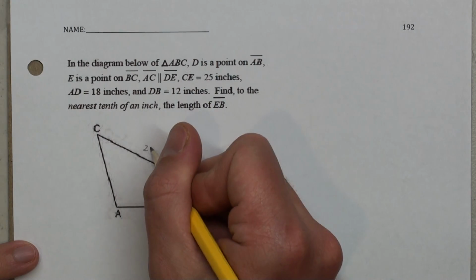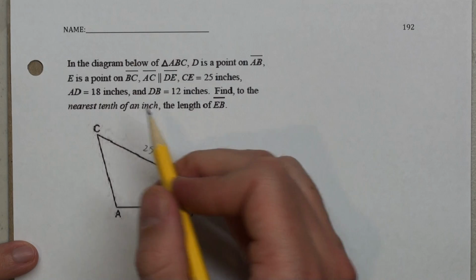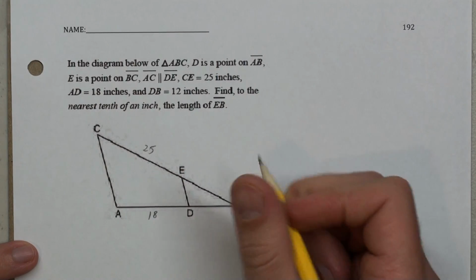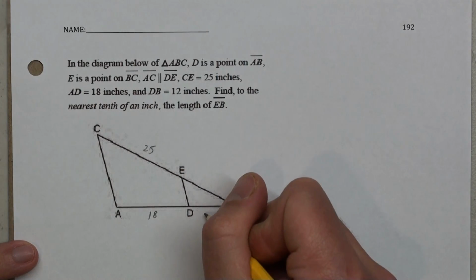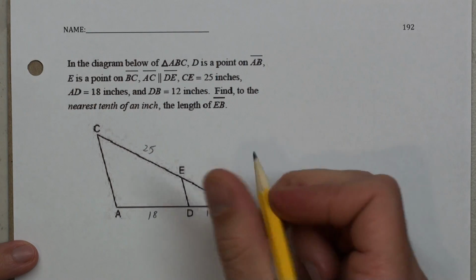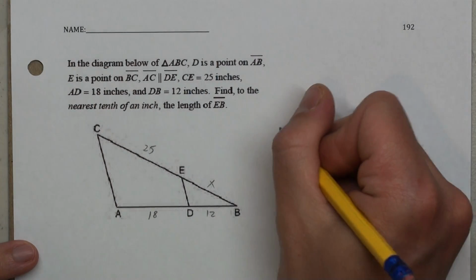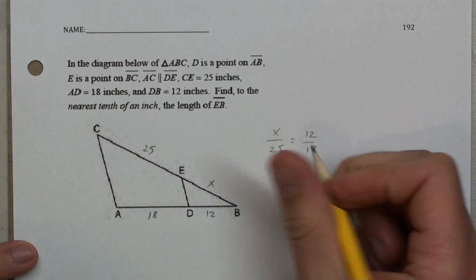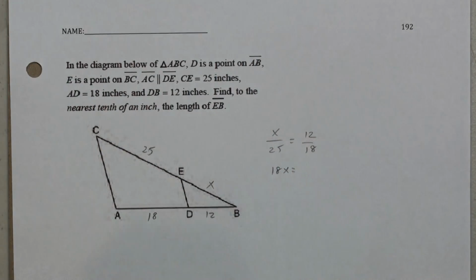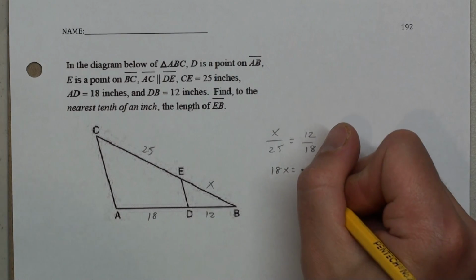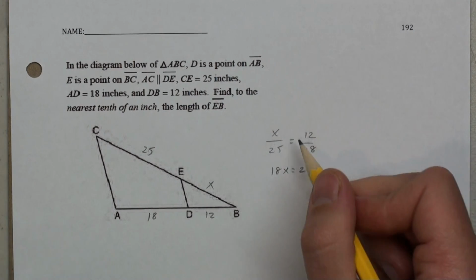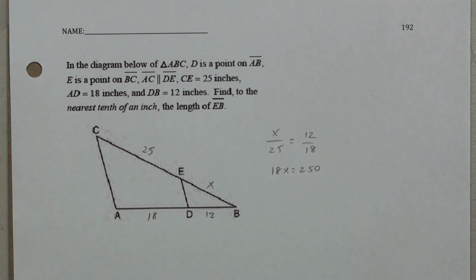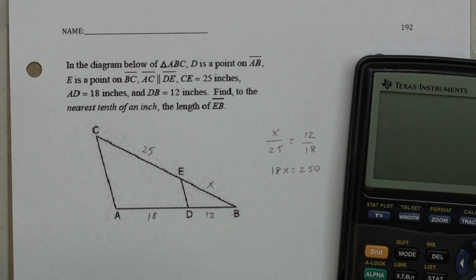CE is 25. AD is 18. DB is 12. We want to find this. So x over 25 equals 12 over 18. 18x equals 250. Think? No. 300? Yes.